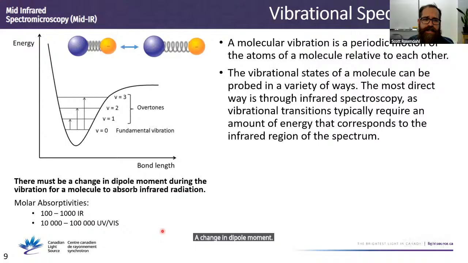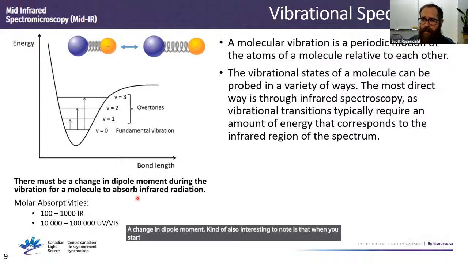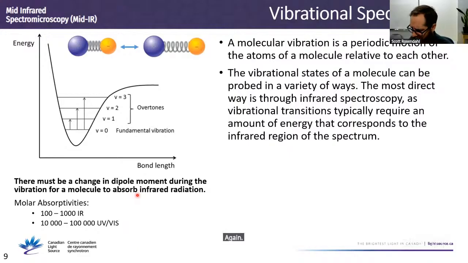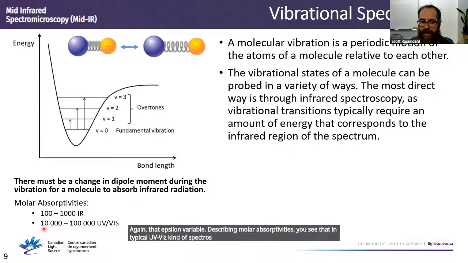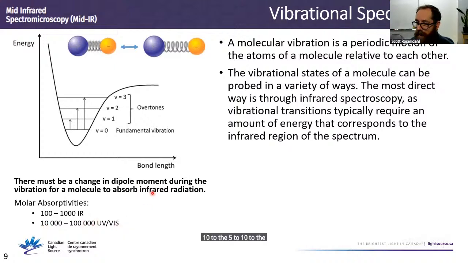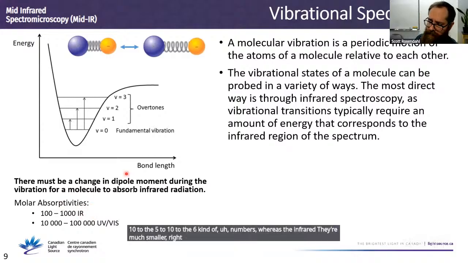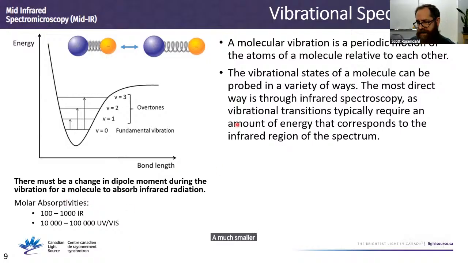Also interesting to note is that when you start looking at molar absorptivities, if you consider Beer's law, that epsilon variable describing molar absorptivities, you see that in typical UV-vis spectroscopies, you're looking at 10 to the 5 to 10 to the 6, whereas in the infrared they're much smaller. So you're looking at much smaller molar absorptivities, but it's still very selective, which is very useful.